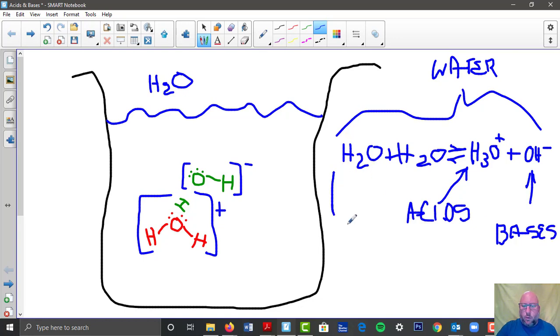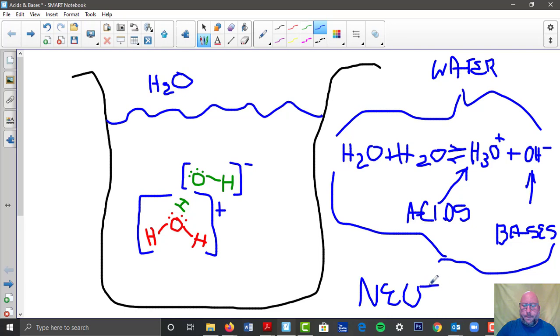But all of this is happening in water, which is neutral. So how is it possible for water, which is neutral, to have ions that we associate with acids and ions that we associate with bases?